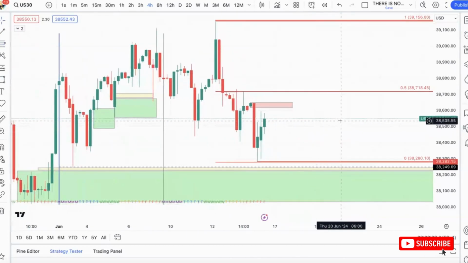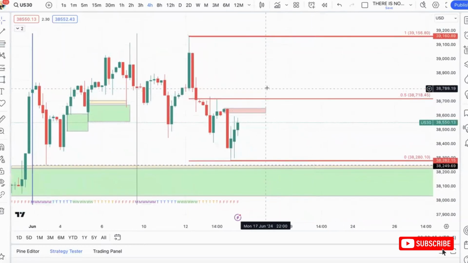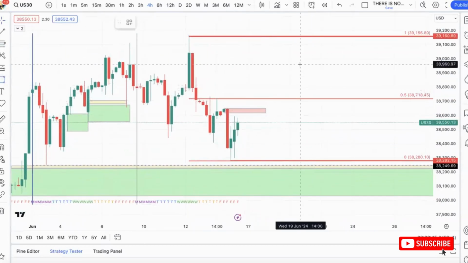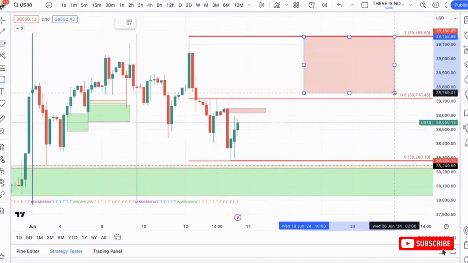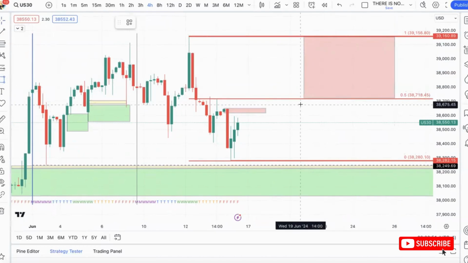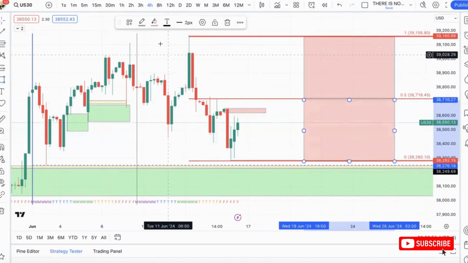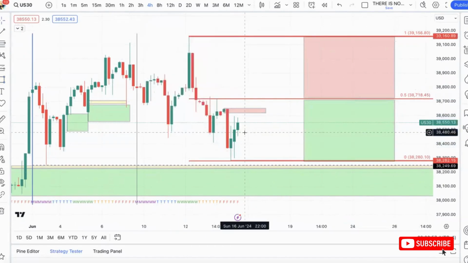On this 4-hour time frame, as you can see, guys, premium is located in this area. So I'm like, okay, price has been traveling up Friday quite a bit. And I'm like, okay, are we going to respect this area on the 4-hour time frame, even though it's not premium?